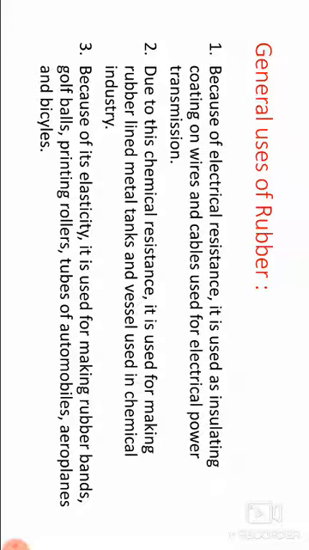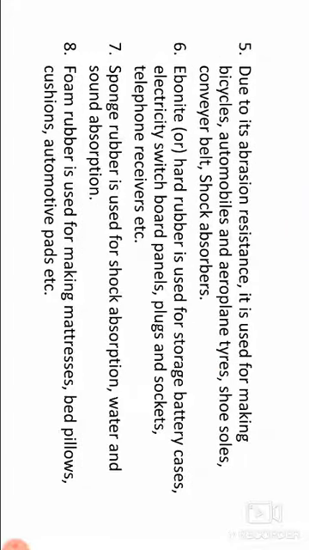The printing rollers are also used. Tubes of automobiles, aeroplanes, and bicycle parts. The aeroplane and bicycle parts are lightweight because they contain elasticity. Due to its absorption resistance, it is used for making bicycles, automobiles, aeroplane tires, shoe soles, conveyor belts, shock absorbers.